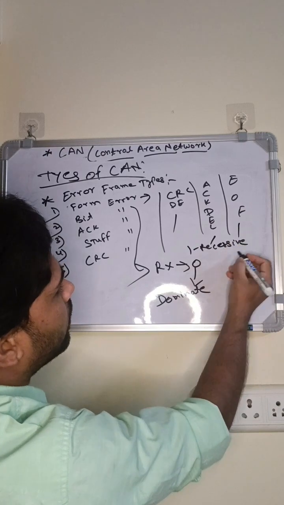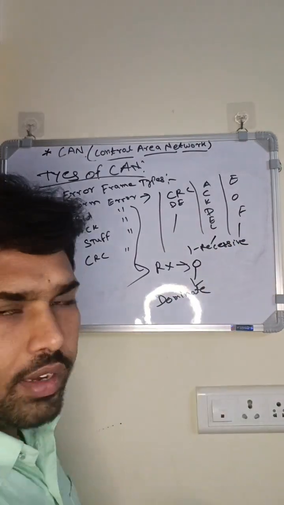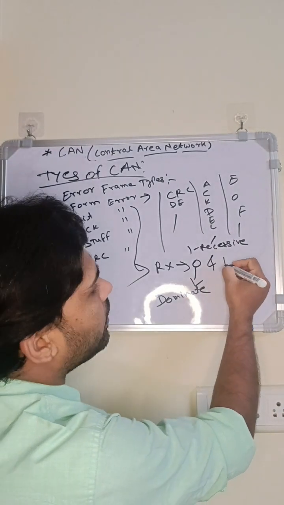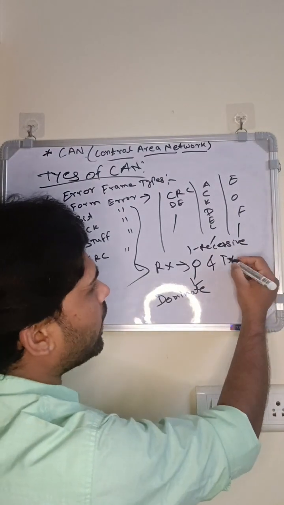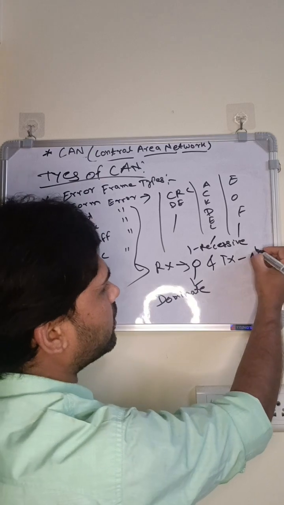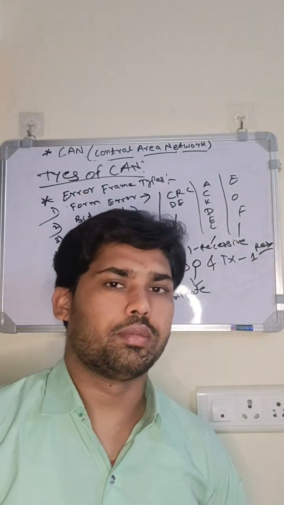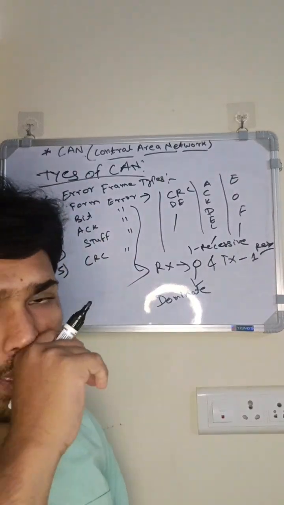So from RX we are sending 0 as dominant, and on the TX, the transmit side, it receives 1 or recessive. That is known as the bit error. I hope that is clear.